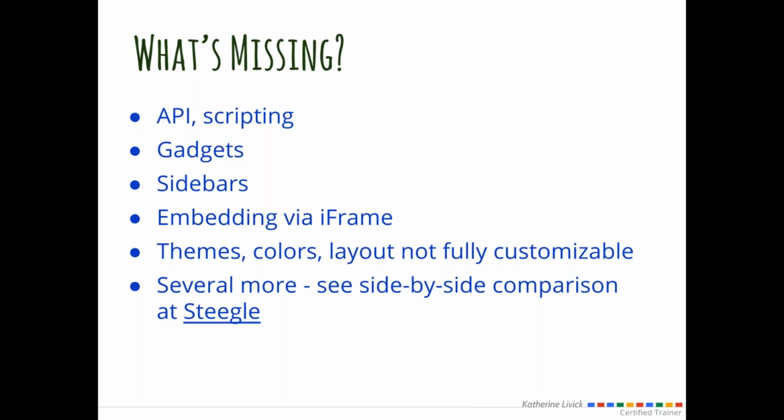As I kind of went over before, the themes, the colors, the whole layout, not fully customizable. There are some options. You can put whatever pictures or images you want into your site, but you can't really just totally design it from the ground up. And, you know, you could go into the page settings or the site settings for your old Google site and pick any hideous color of the rainbow or outside the rainbow that you wanted for your background and your text and everything.